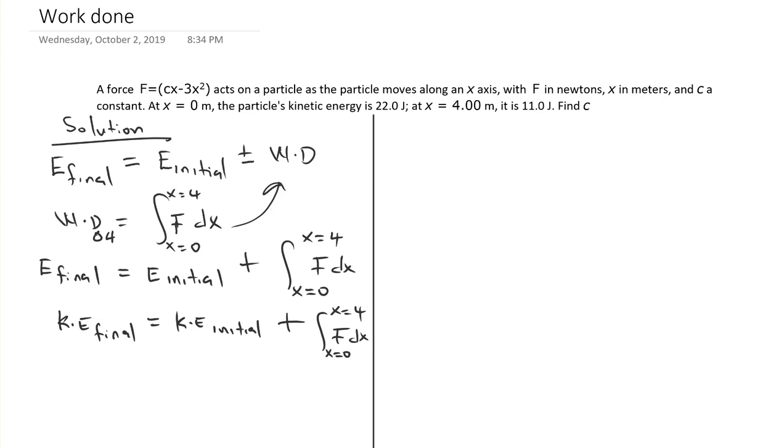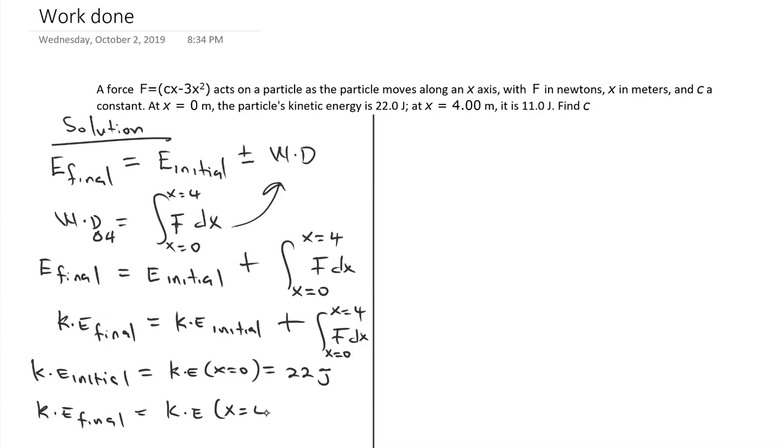Going back to the question, we see that our initial kinetic energy, KE initial, is equal to the kinetic energy at x equal to 0, which is given by 22 joules, right? And the final kinetic energy is at the final position, which is equal to kinetic energy at x equal to 4, and that gives us 11 joules.